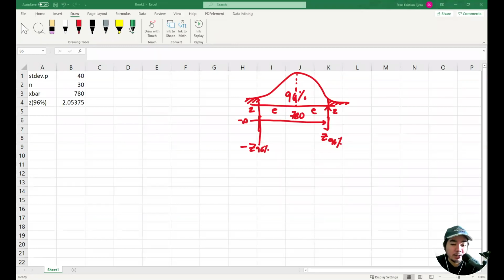But in our case, we can just say z of the 96% confidence interval. To avoid confusion, I can equally say z98, the z-score corresponding to 98% on its left side. Okay?